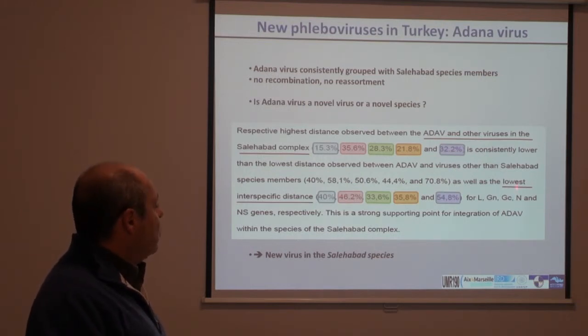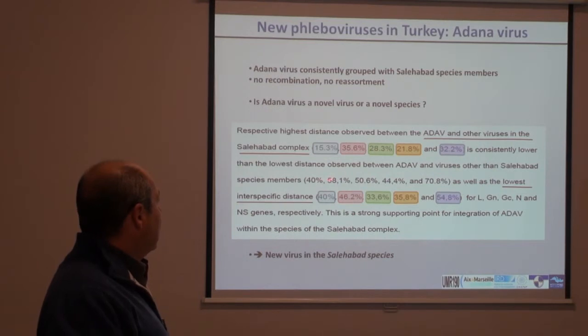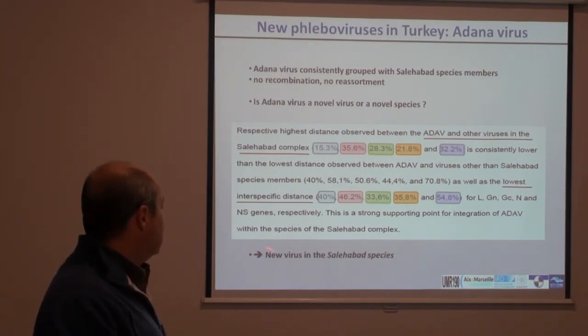And the lowest distance observed interspecific, meaning between the 9 recognized species, the value between Adana virus and Saliabad complex is always lower than the lowest interspecific distance, suggesting that this is not a new species, but that Adana virus is a new virus, a new member of the Saliabad species.